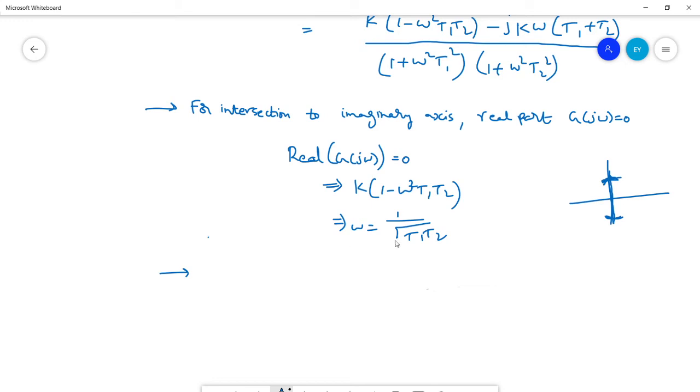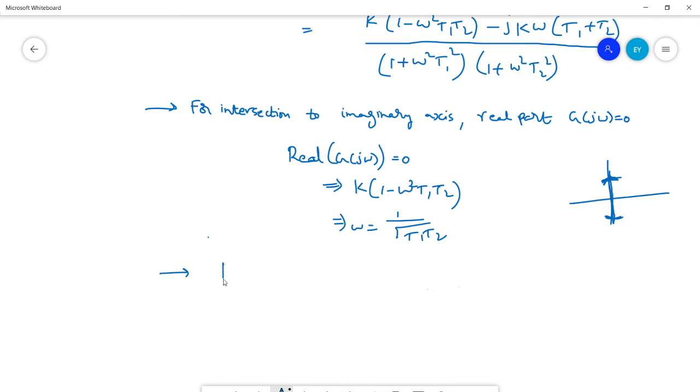So now we get to know that at a certain frequency, that is at omega equal to 1 by root of t1 into t2, the polar plot will intersect the imaginary axis, right? So when it is intersecting at that particular frequency, what would be the magnitude and the phase values?